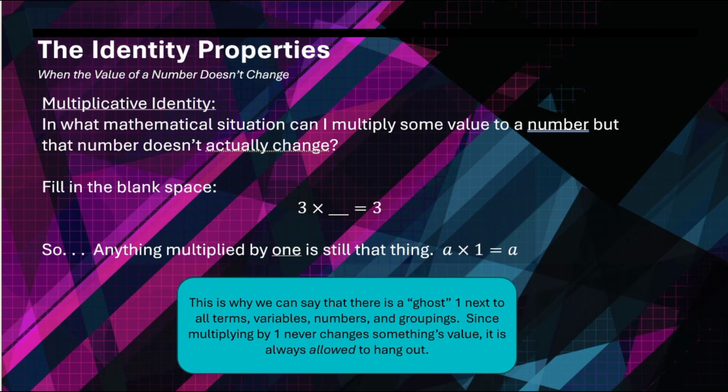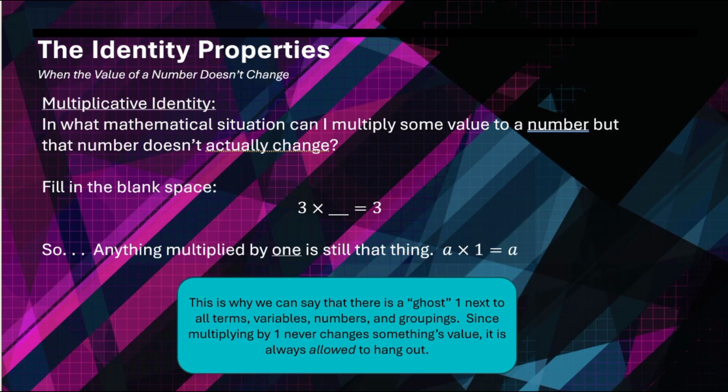It's a nice ghost. It's a friendly ghost. It's Casper, if you will. So it's always there. And sometimes we need to pull it out. Sometimes we need to have our ghost do something. And so it's always important to remember that that 1 is there because of this identity property.